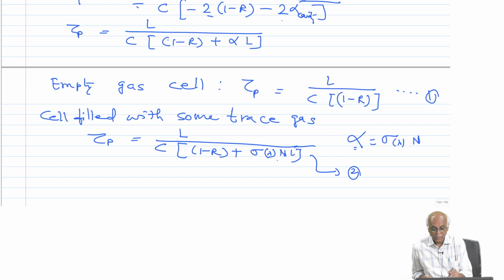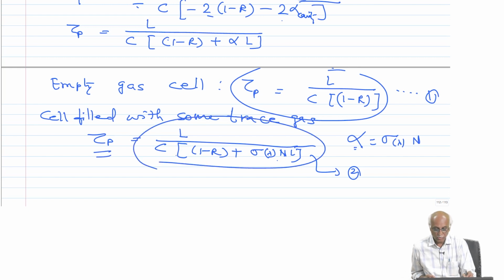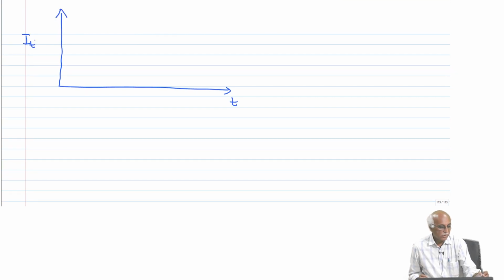So you can easily imagine that in the absence of losses, the cavity lifetime tau p is given by this form. In the presence of absorption losses, the tau p value changes to this, it decreases by some amount. And so, what we measure is the transmitted intensity pulse output from the resonating cavity in the cavity ring down method. We will measure two decay curves.